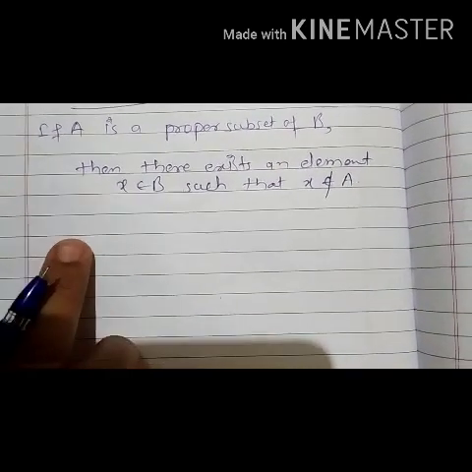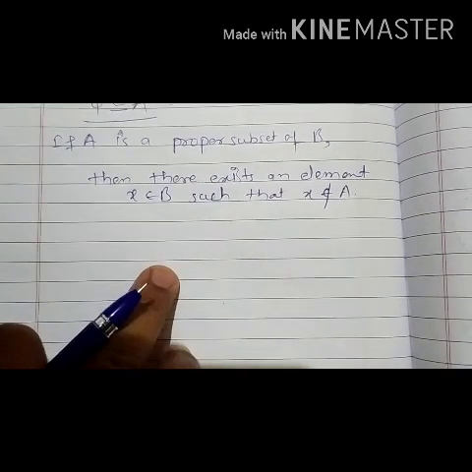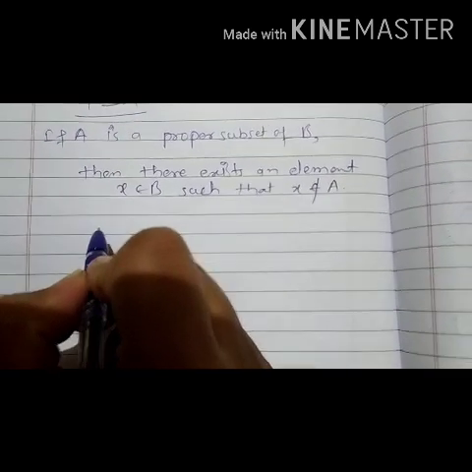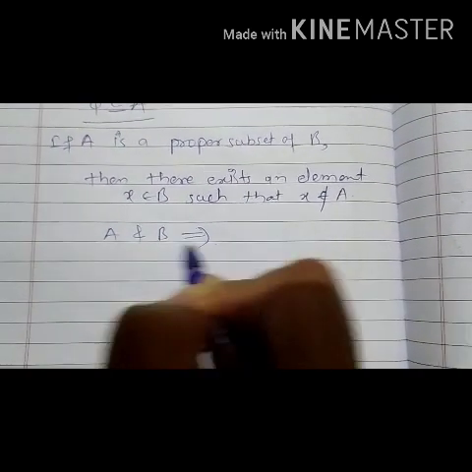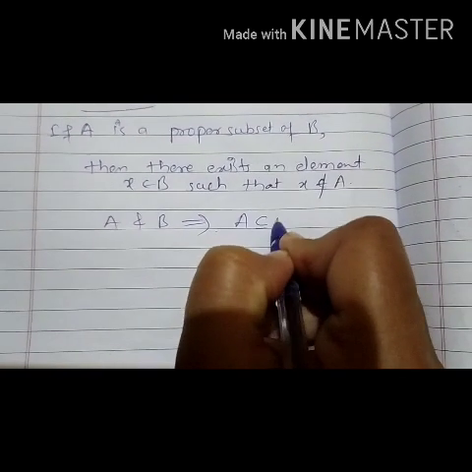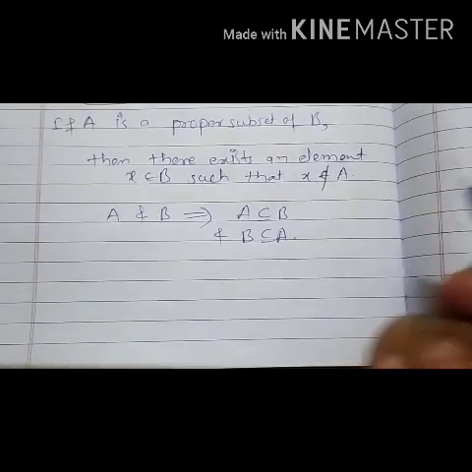Now it follows immediately that whenever we have to prove two sets equal, suppose we have to prove A and B are equal sets, then we have to prove A is a subset of B and B is a subset of A. Getting?